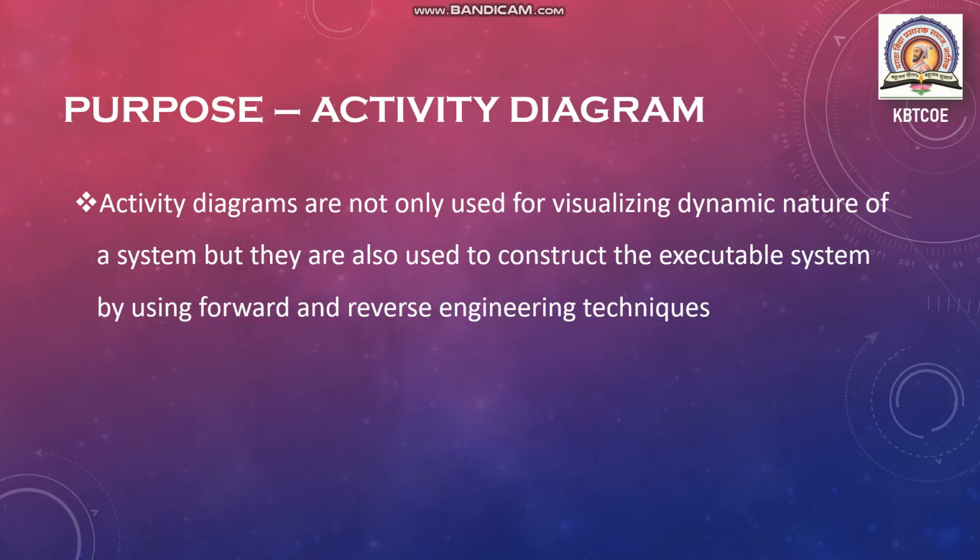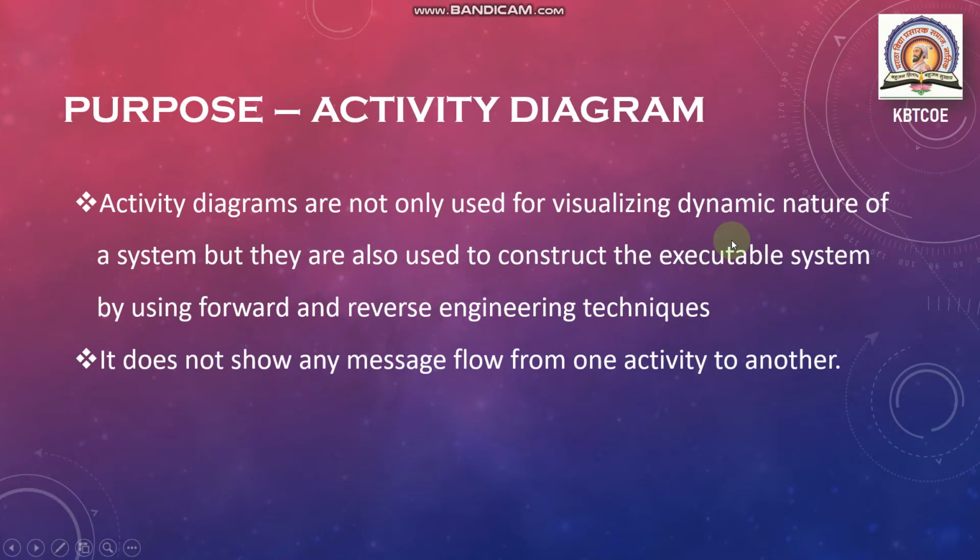Before building a system physically, knowing about all its activities is an important part, and activity diagram helps us in visualizing the dynamic nature of the system, that is, how dynamically our system will be executed when various types of tasks are to be performed by the system.